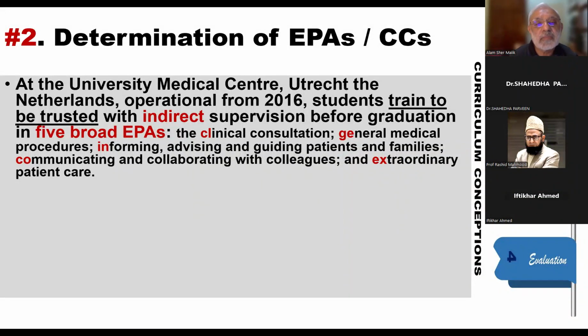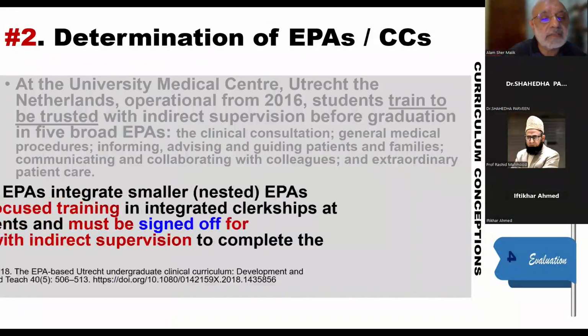Number 1, the clinical consultation. Number 2, the general medical procedures. Number 3, informing, advising, and guiding patients and families. Number 4, communicating and collaborating with colleagues, and number 5, basic life support and establishing death. I will explain a little bit more about each of these EPAs in the next slide.